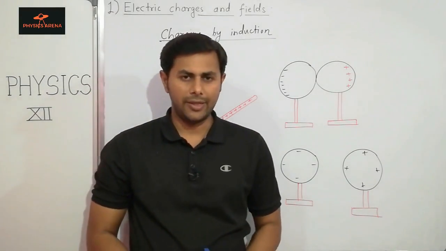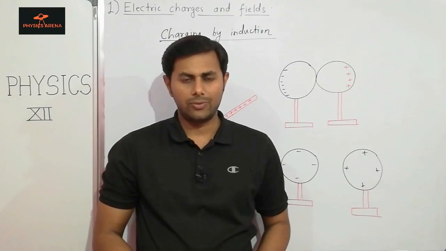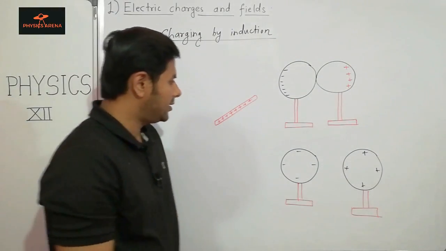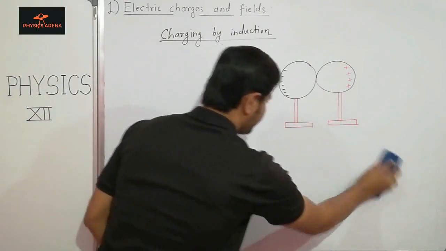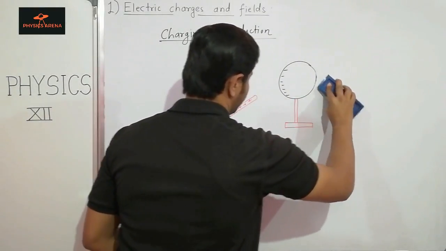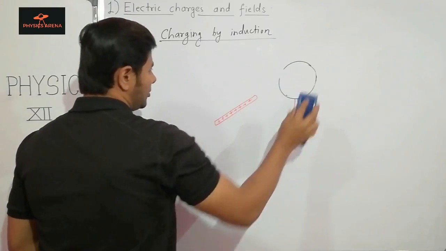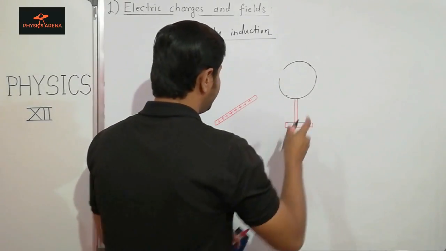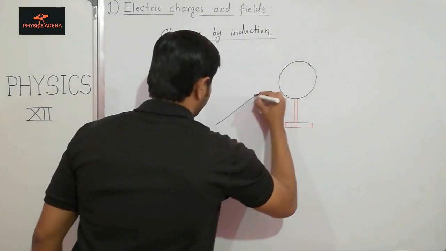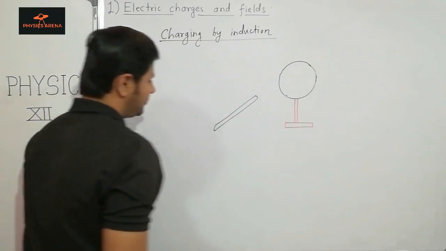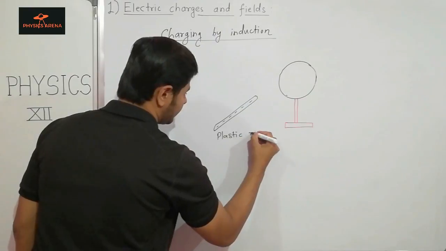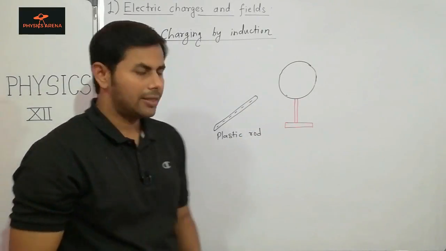Now think whether it is possible to charge only one metal ball by induction, and the answer is yes. So let us see how we charge one metal ball. So let me erase this. Suppose we have only one metal ball, and now we bring a plastic rod, rubbed with animal fur.